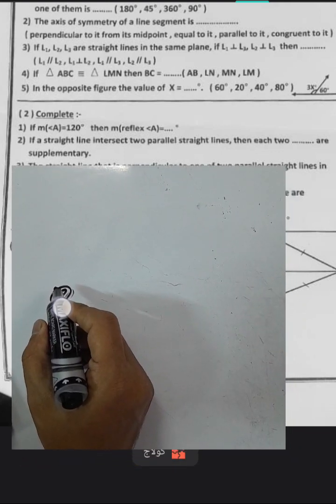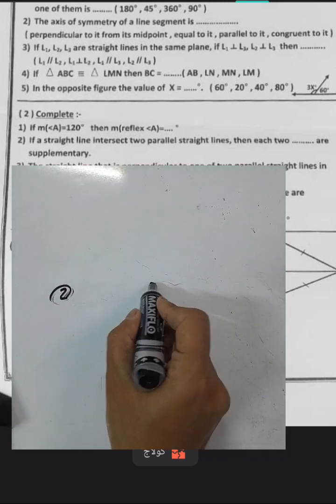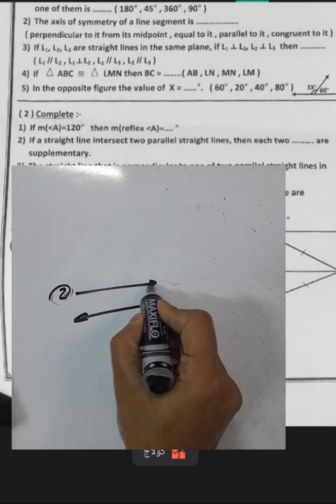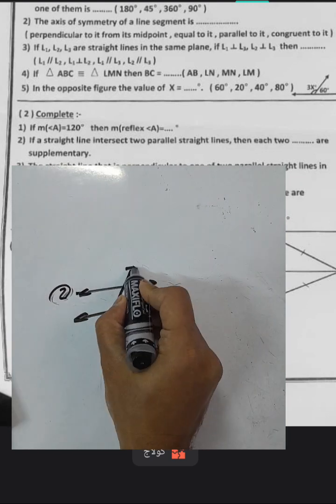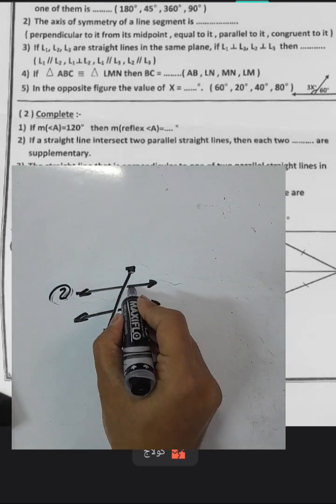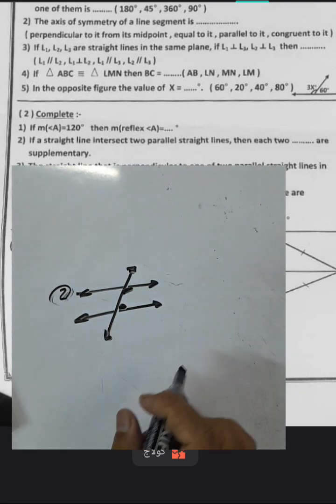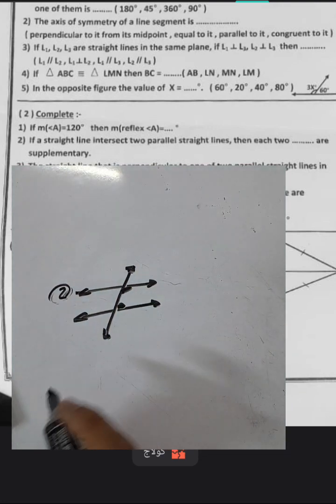If a straight line intersects two parallel straight lines, then each two interior angles are supplementary. We have here a straight line cutting two parallel straight lines. Then he asked about two interior angles on the same side, which are supplementary.